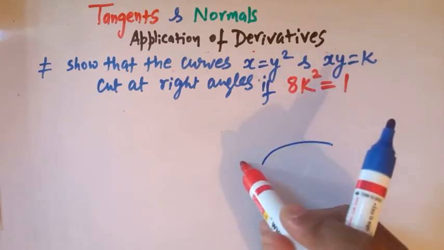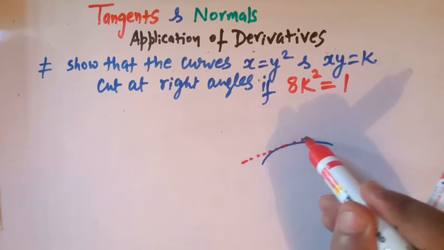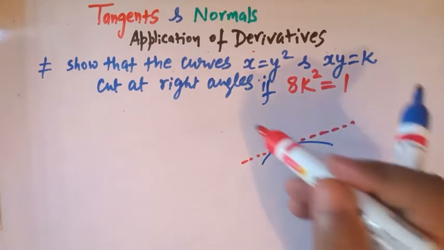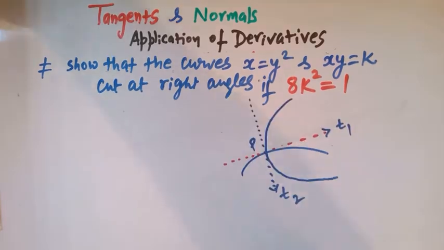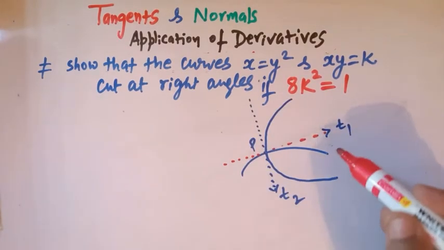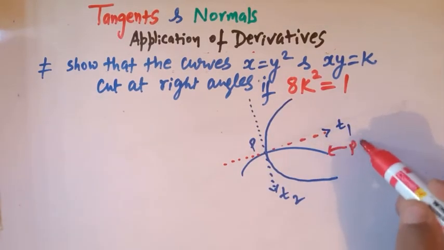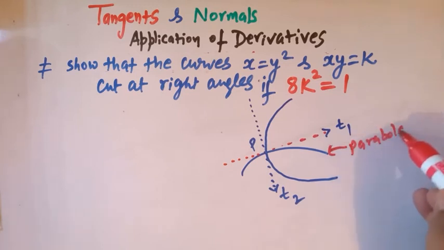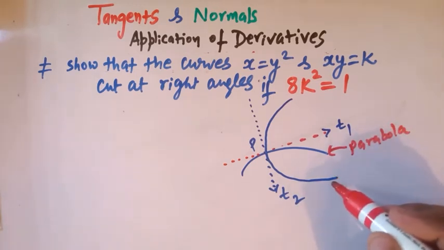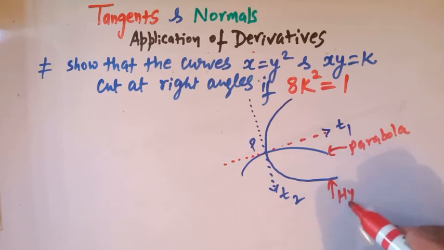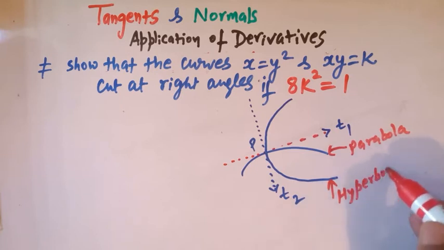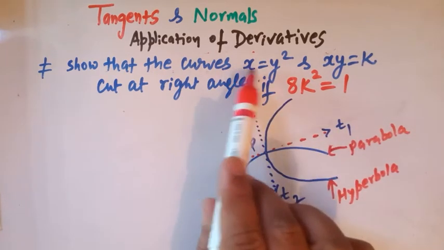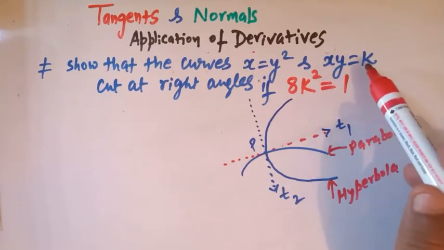Let us first take the tangent to this curve, clear. So here we have, say, this is the parabola and this is the hyperbola, clear. Now this is the curve x equal to y square and this is the curve xy equal to k.